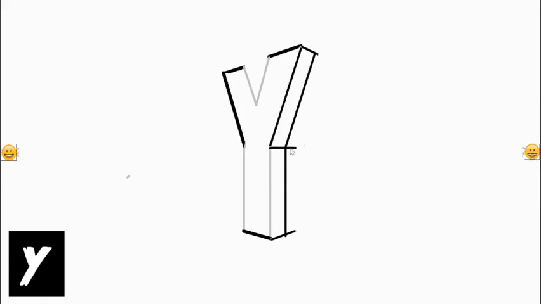And where it touches here, I'm going to draw a vertical line here. All right, once you see your Y, darken everything up, erase lines, and then draw a happy line here.